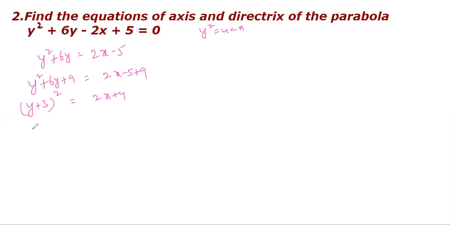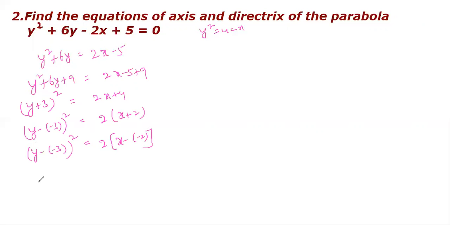I am going to write y minus of minus 3 whole squared equals 2, and when I take common, x plus 2 will be left. Next I am writing this as (y minus of minus 3) whole squared equals 2 times (x minus of minus 2).